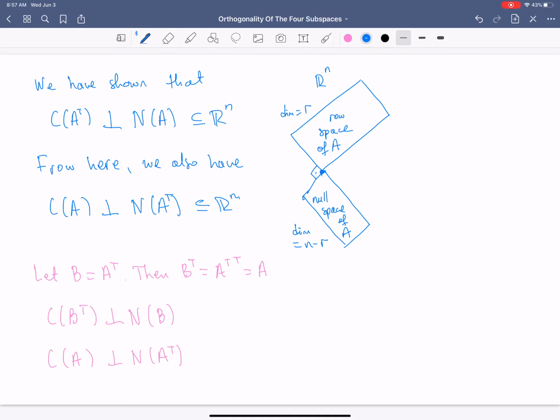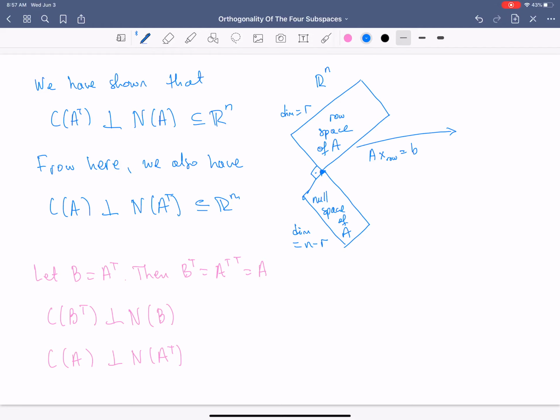Now, when we apply matrix multiplication, what happens is that the row space gets transferred into the column space. So remember, when you take A times x, if I take an x in the row space of A and I multiply, I'm going to get a b.